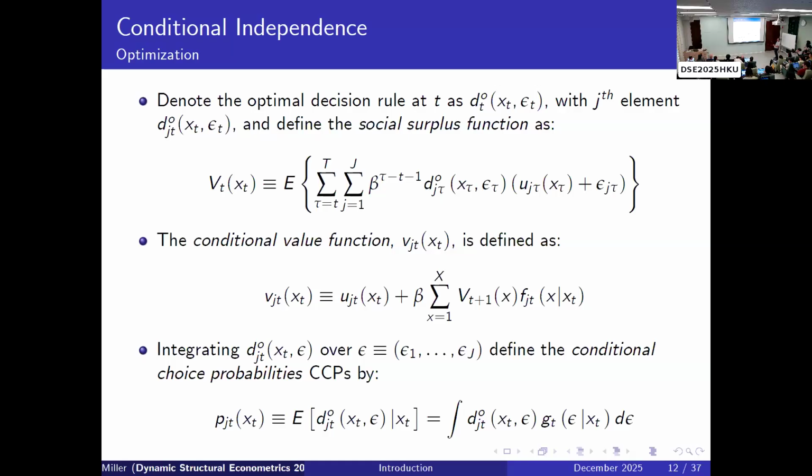We define the conditional choice probabilities in the way that I described in the Harold Zurcher problem, just integrating over the unobserved stuff.